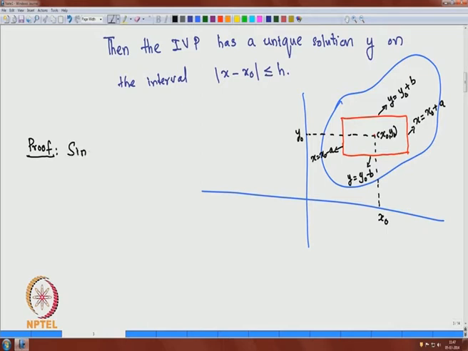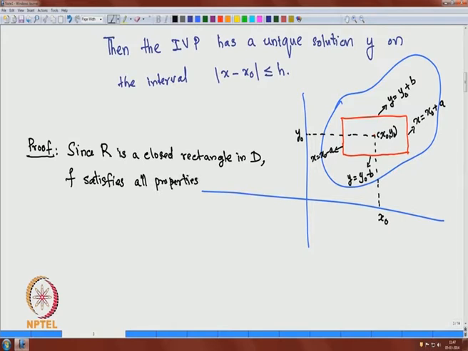Since R is a closed rectangle inside the domain D, f satisfies all the properties mentioned inside D, inside R.